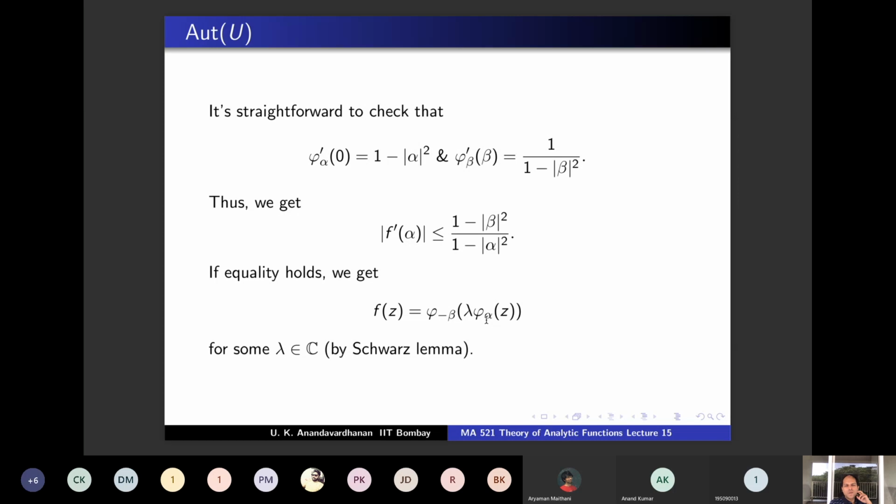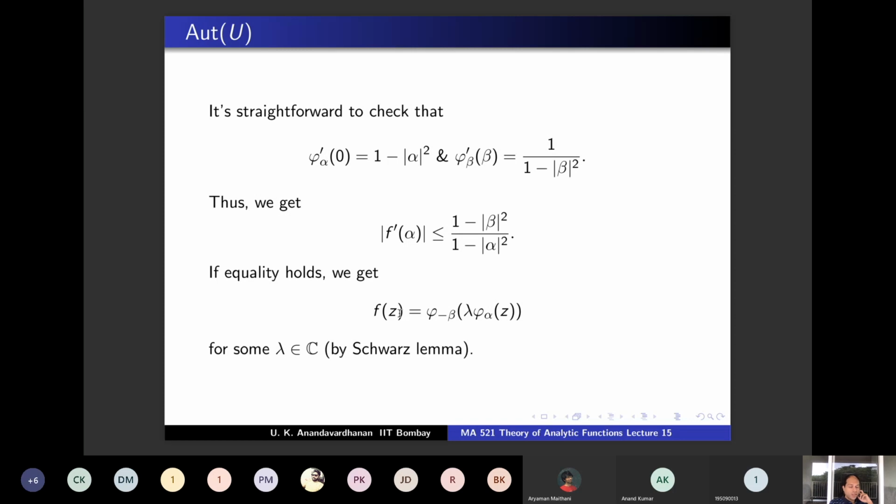It is in terms of phi alpha and phi beta. f has to be of the form phi minus beta composed with phi alpha, except for this twist, this dilation in between. So it's very, very beautiful.